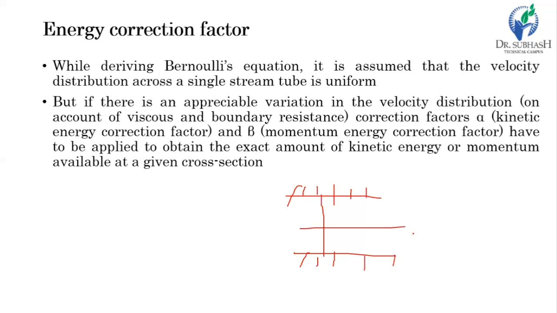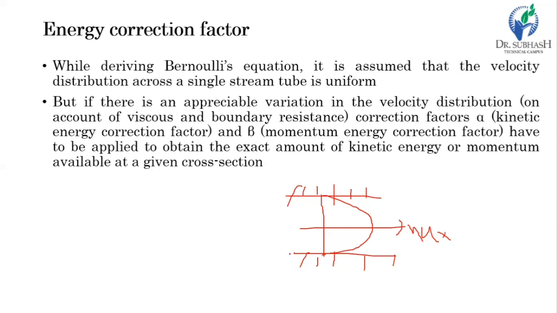So here the velocity is maximum, and here the velocity is 0. So the velocity profile is something like this. This is just typical for a circular pipe. For other cross-sectional areas it may differ, but we cannot take a constant velocity throughout the cross section. So for that we have to consider the energy correction factor.